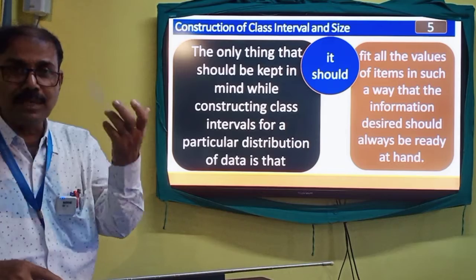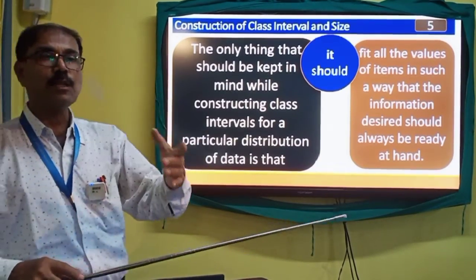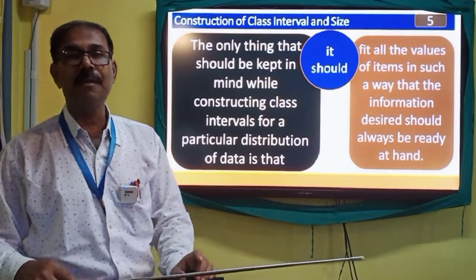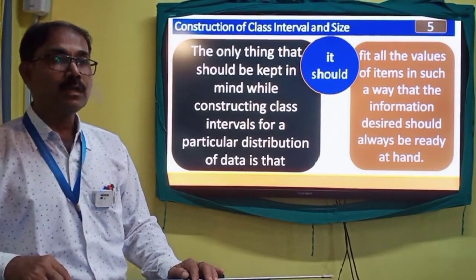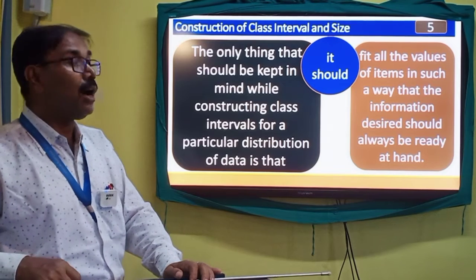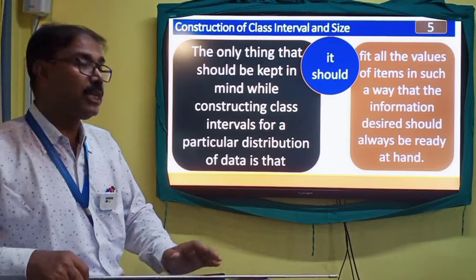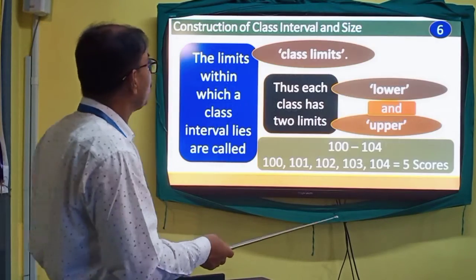We must have the numbers, and keeping in mind the time frame within which we are to tabulate the data, we determine the range, maybe 3, maybe 5, or maybe 10. Let us go to the next one.